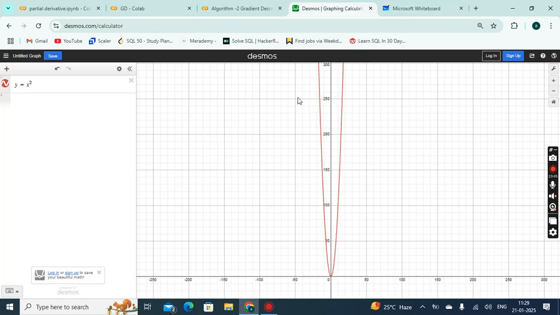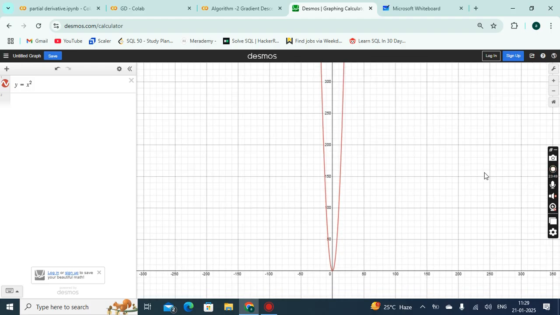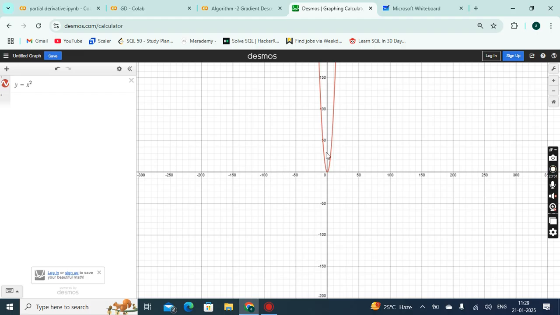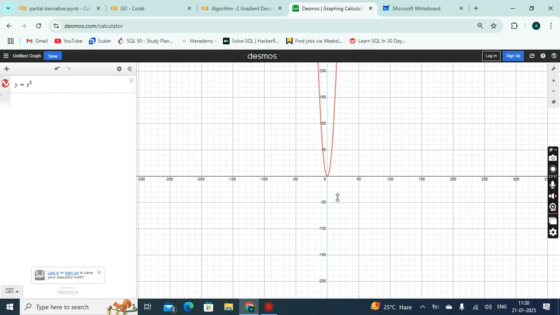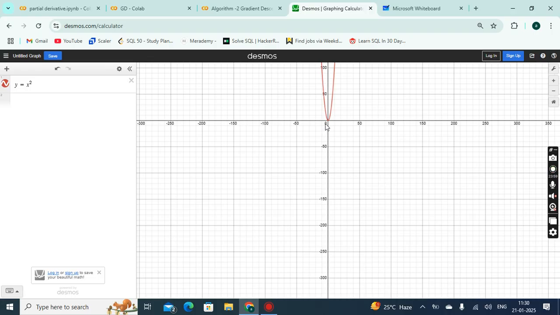If you just observe here also, can you tell me if this U can go beyond your x or beyond your 0? Is it quite possible? No, right? So the minimum point for this function is 0, meaning 0 comma 0.